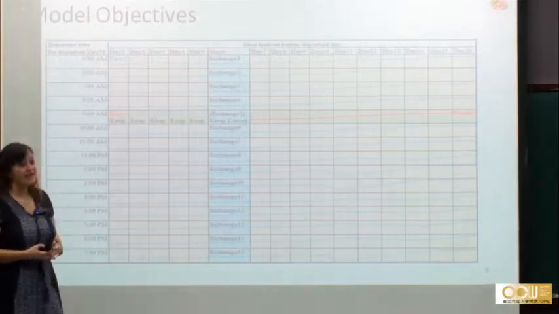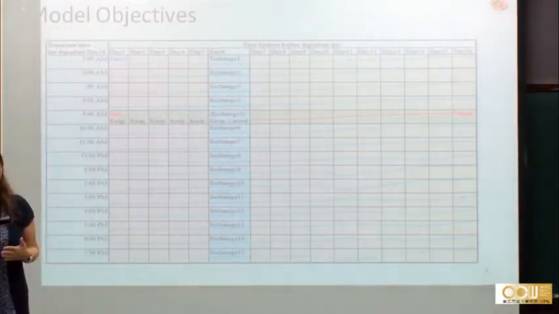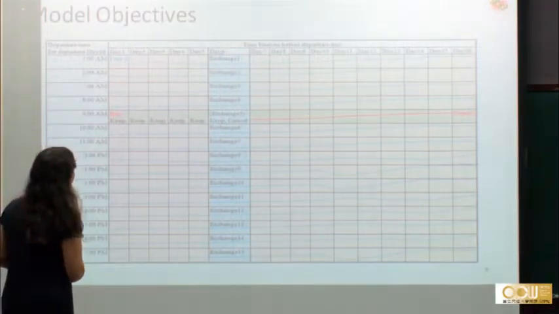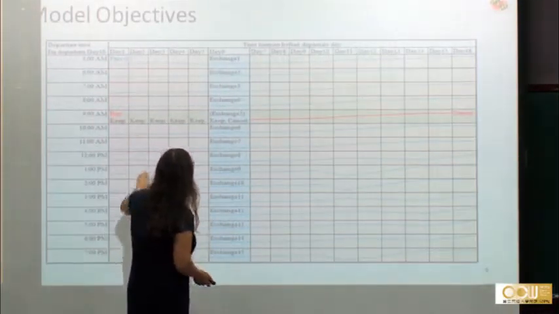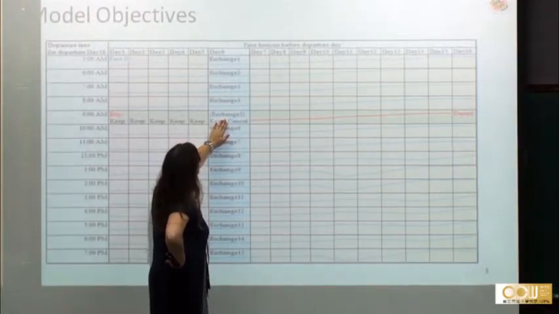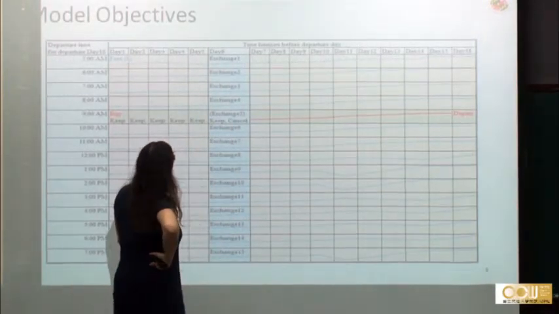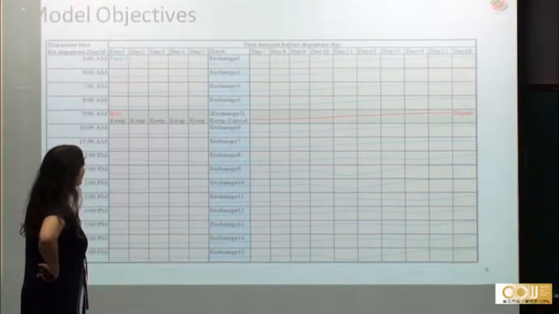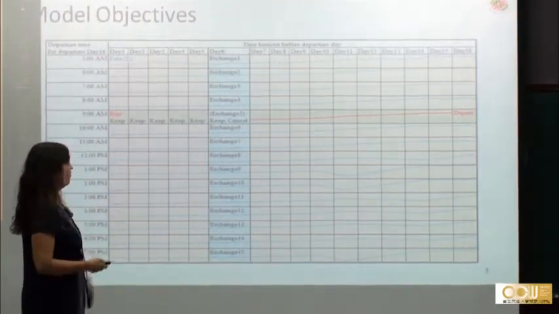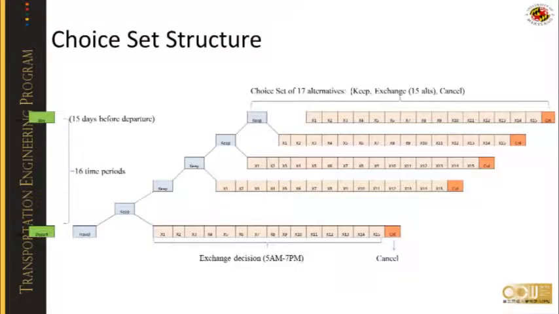Then every day I have the option: I keep the ticket, exchange the ticket, or cancel the ticket. For example, I decide at day 6 to exchange my ticket, and then I depart on day 16. Scenario 3 is this way.